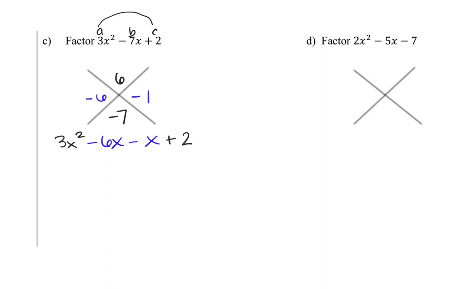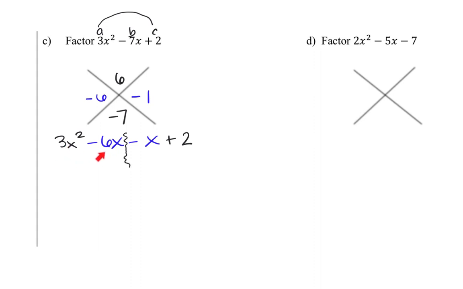So remember, you want to take the sign that is in front of the number. So negative 6 is going to result in a negative 6, and then negative 1 is going to result in a minus x, and then negative 6 plus negative 1 is going to give me my original b term, which was negative 7. Next, we're going to factor by grouping by splitting it into two groups.